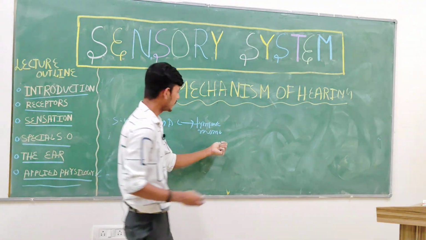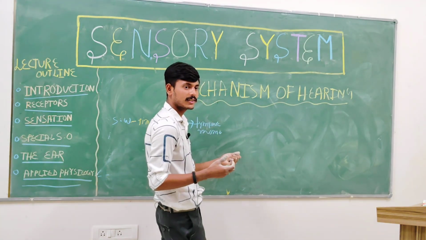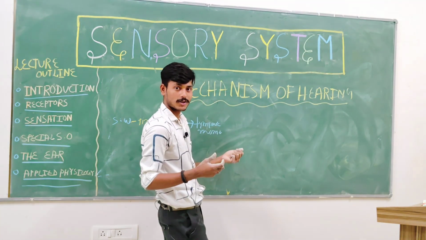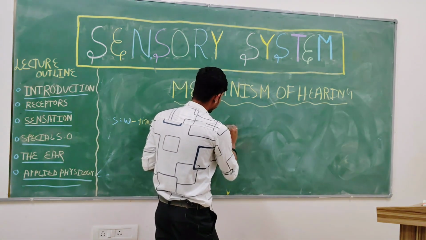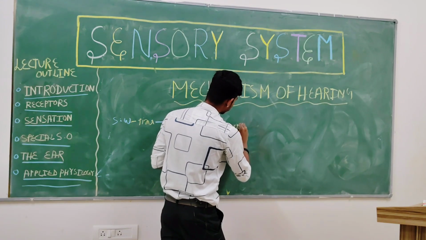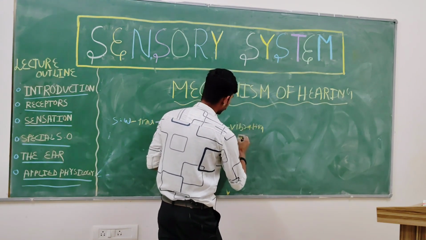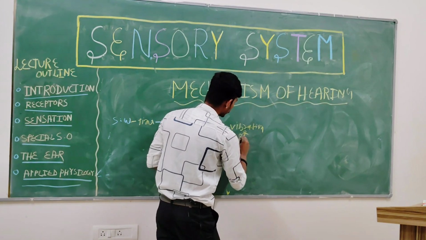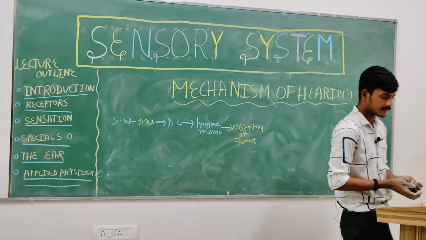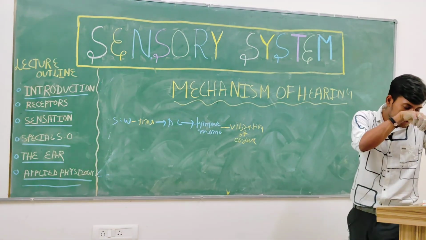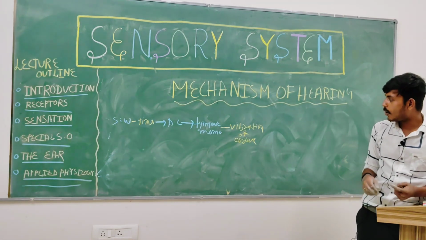The tympanic membrane is attached to the ear ossicles, so the ear ossicles vibrate. The ear ossicles move the fluid of the cochlea.